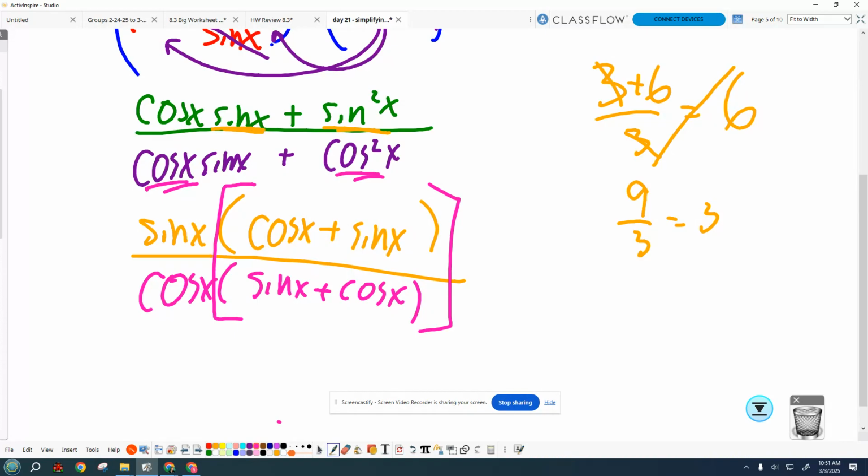But is 7 plus 1 the same thing as 1 plus 7? So is cosine plus sine exactly the same thing as sine plus cosine? The big parentheses on top is multiplied, the big parentheses on the bottom is multiplied, so can I cancel them? You promise? Yes, they do. And I'm left with sine over cosine, which, William, what does sine over cosine equal?